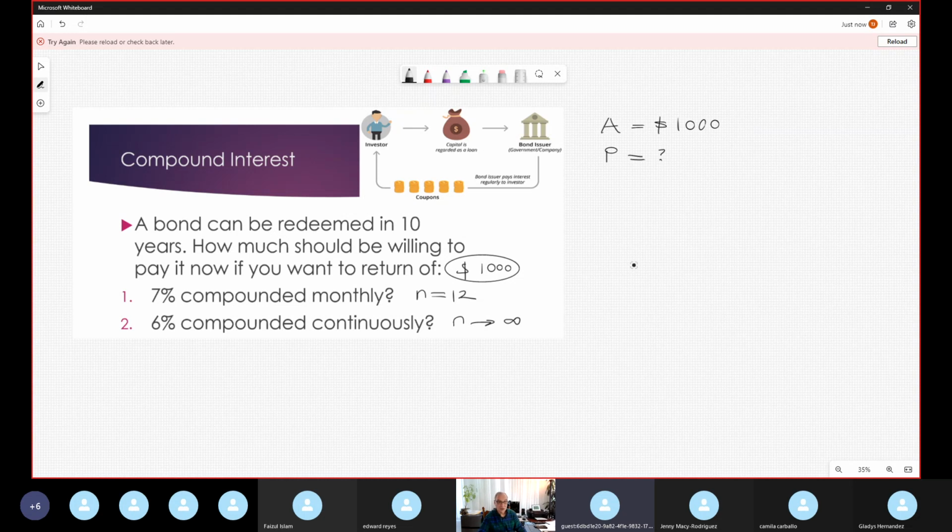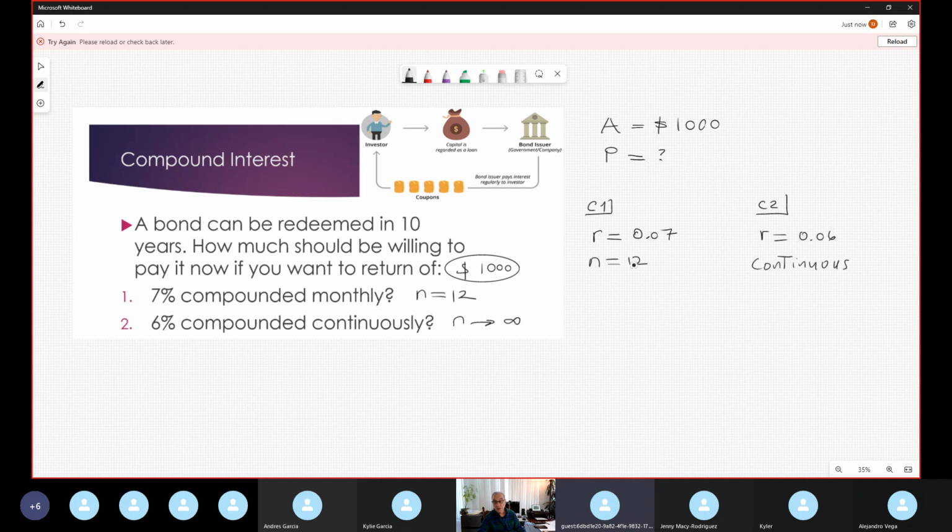Okay. So now we have two conditions. In condition 1, the interest rate is 0.07 and the compounding is 12. In condition 2, the interest rate is 0.06 and the compounding is continuous.